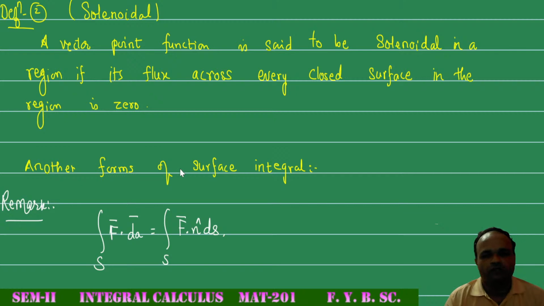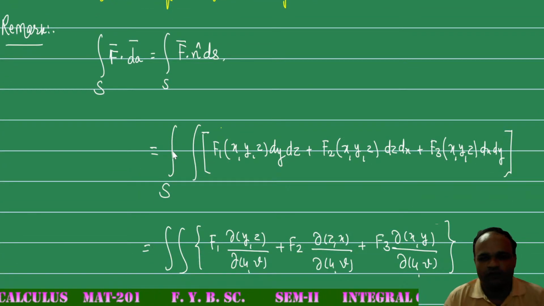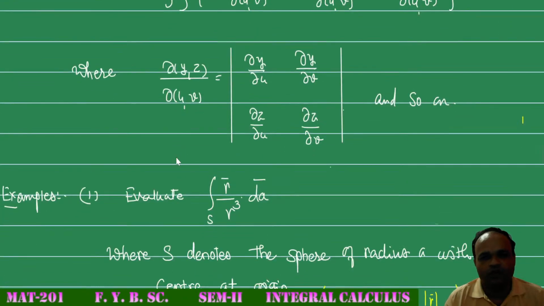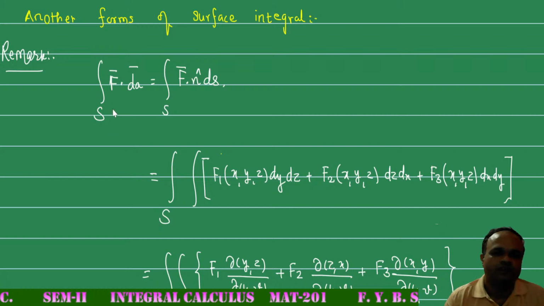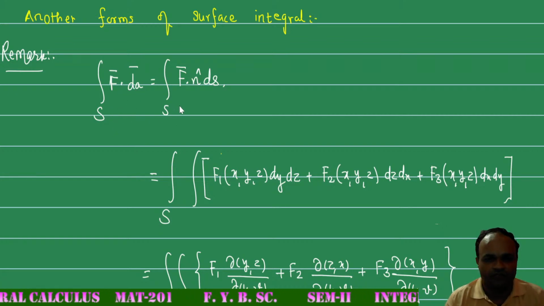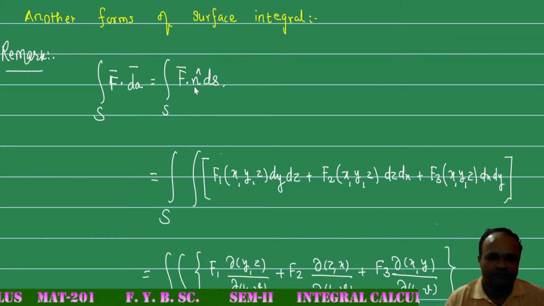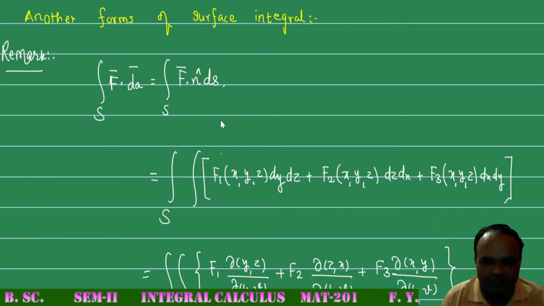So there is another form of surface integral, that is the coordinate form. The surface integral of f bar dot d A bar can be written as the integral over surface S of f bar dot n cap dS.